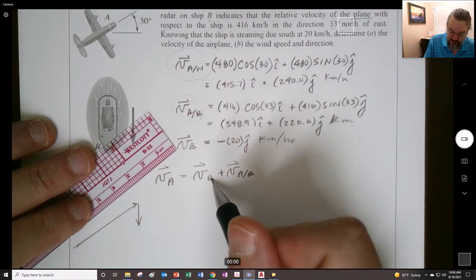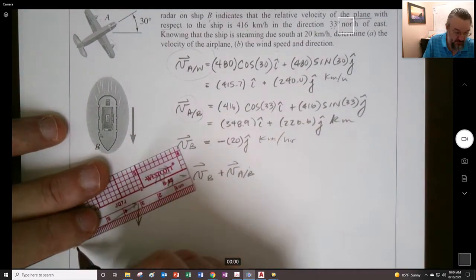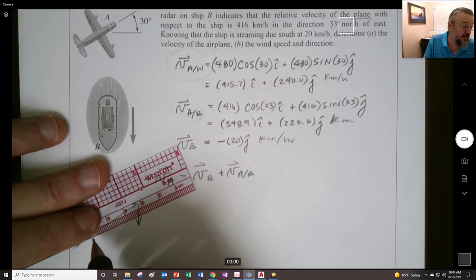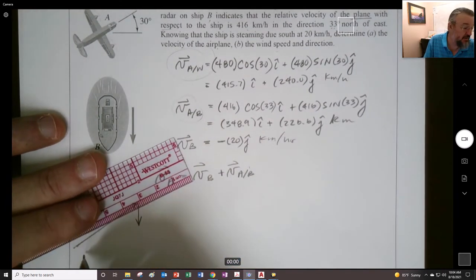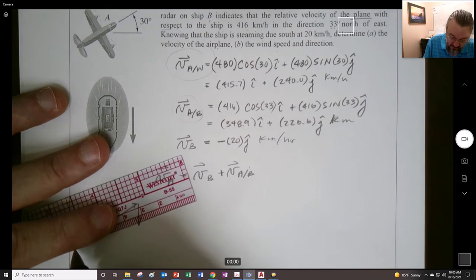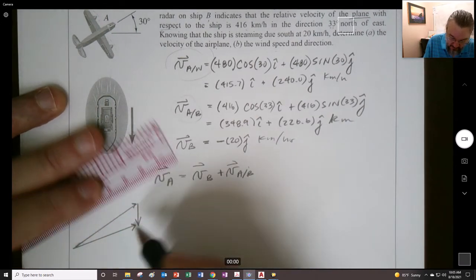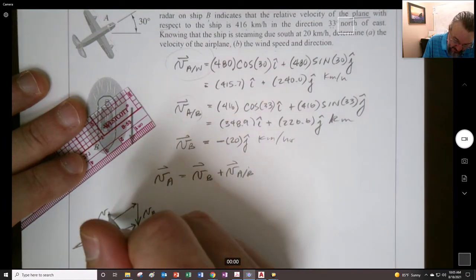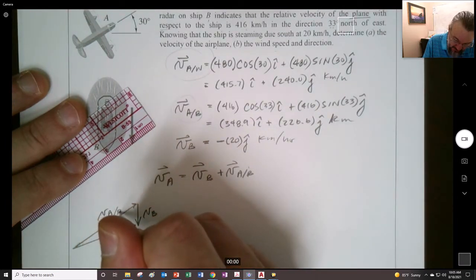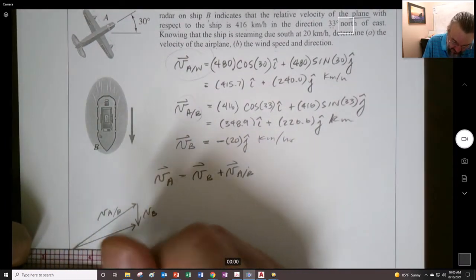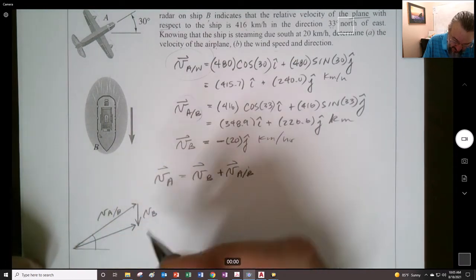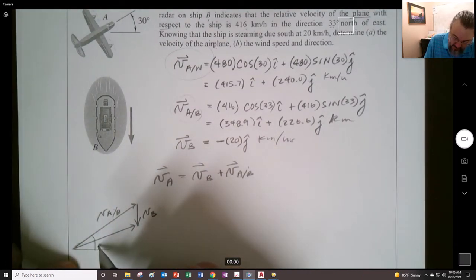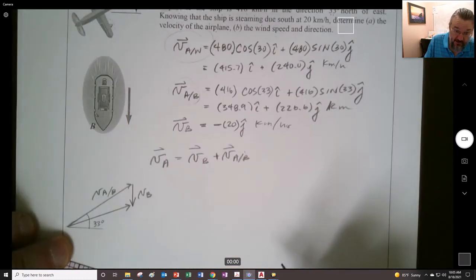This is B, this is A with respect to B. We can expect this to go up like that. So this is V of B, this is V of A with respect to B, and this angle right in there would be our 33 degrees.